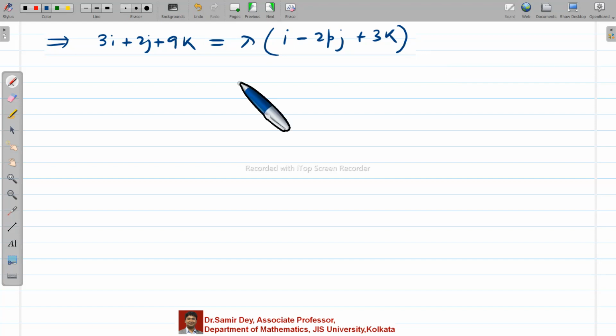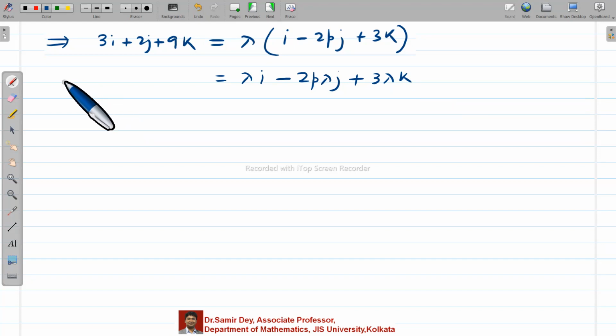So from here you may write lambda i minus 2p lambda j plus 3 lambda k.